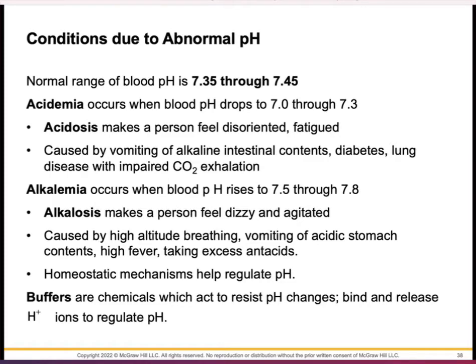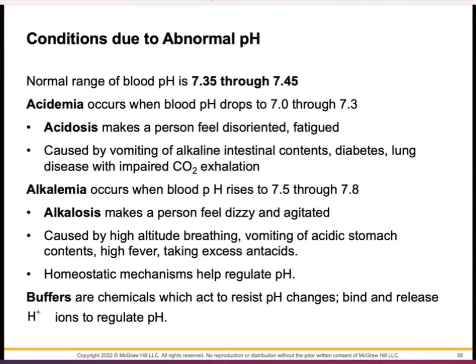Homeostatic mechanisms, finding that balance within the body, along with exhaling carbon dioxide while breathing, help normally keep the pH of the blood within a narrow range. It keeps it at its slightly basic level.